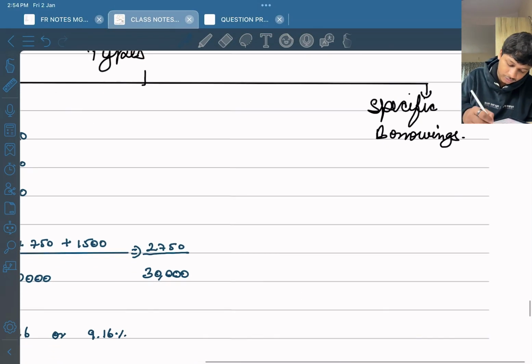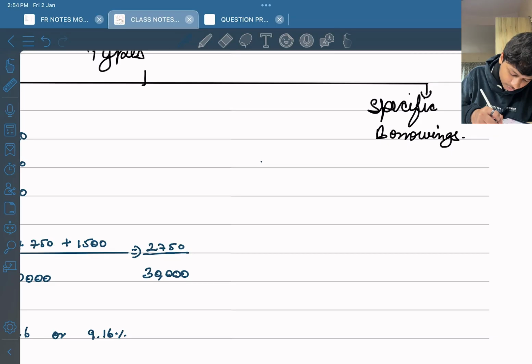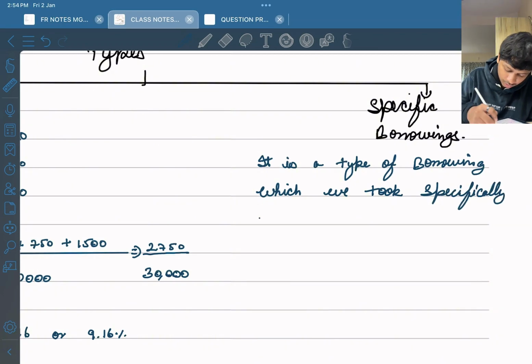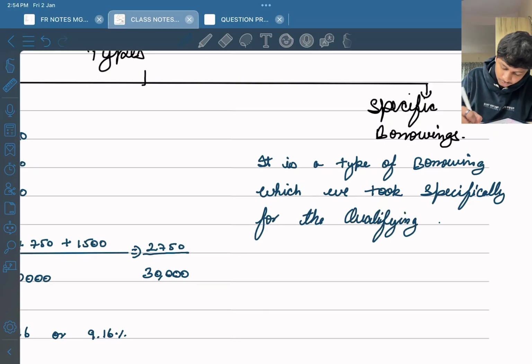Specific borrowings is a type of borrowing which we took specifically for the qualifying asset.